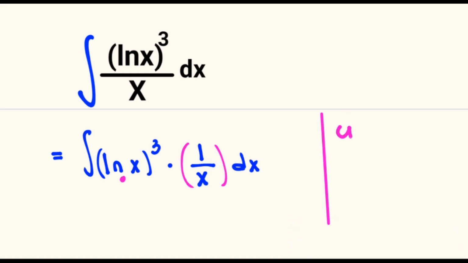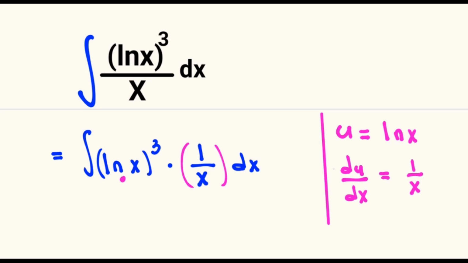We are going to let the u to be equal to the ln x, and the derivative of the u with respect to x will be equal to the derivative of the ln x, which is equal to 1 over x.